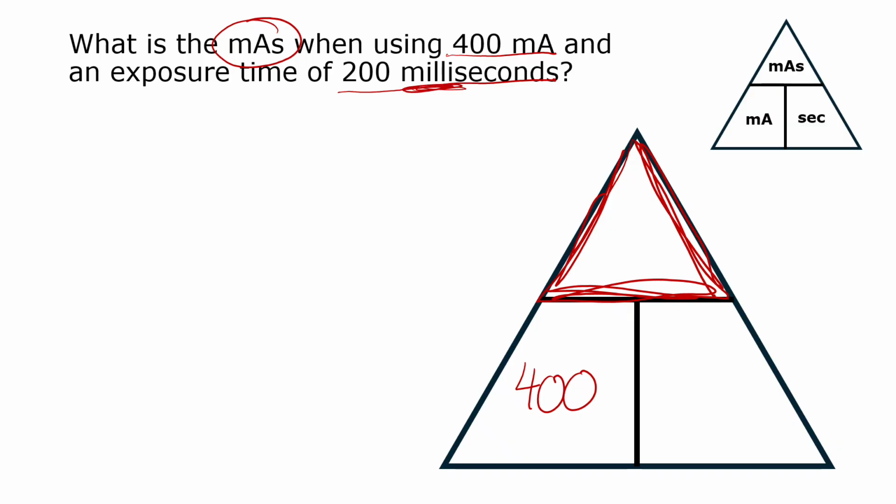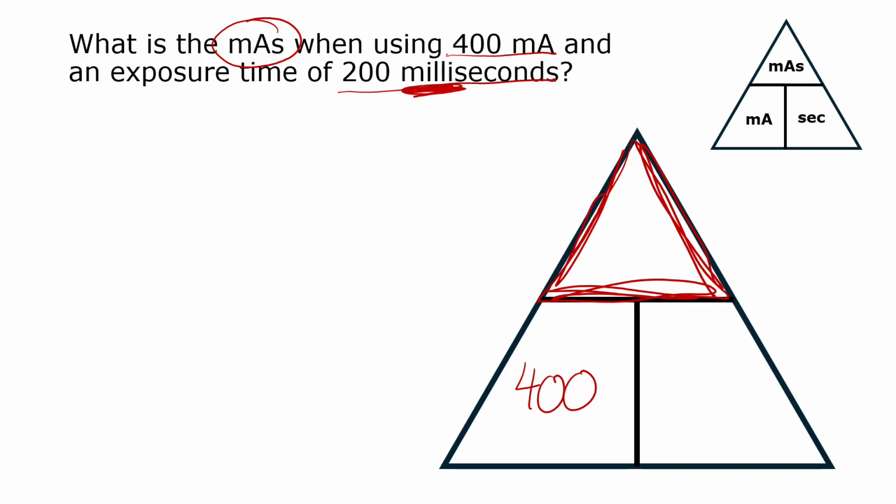This milliseconds is really tricky. We have to convert this 200 milliseconds into seconds. We can't just put 200 here and solve it. If we did, that would get us, I don't know, milliamps per millisecond, and we don't do that in radiography, so I don't know what that is.